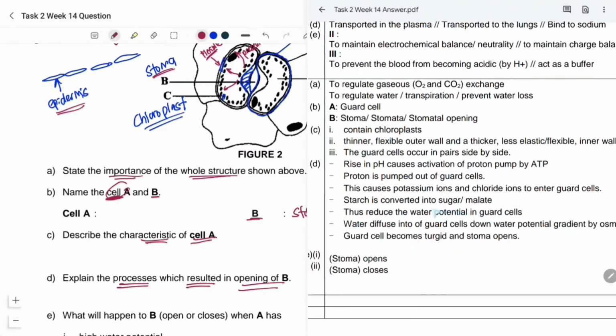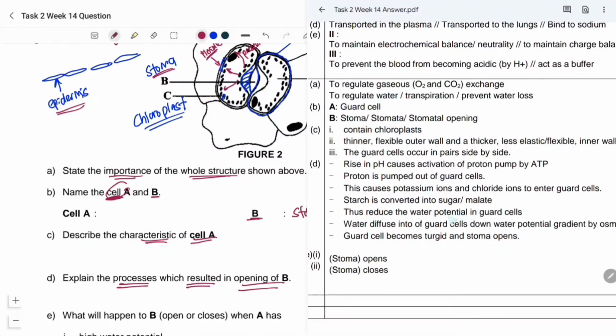Okay, kenapa water potential tu jadi rendah? So kenapa? The reason is because all the sugar, potassium ion dan juga chloride ion adalah solute. So apabila banyak solute akan increase solute potential, iaitu basically means that there is increase in the concentration. Okay, so kalau sesuatu itu concentrated, maksudnya water potential dia adalah rendah.